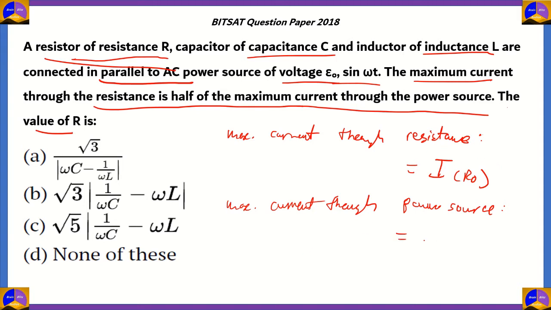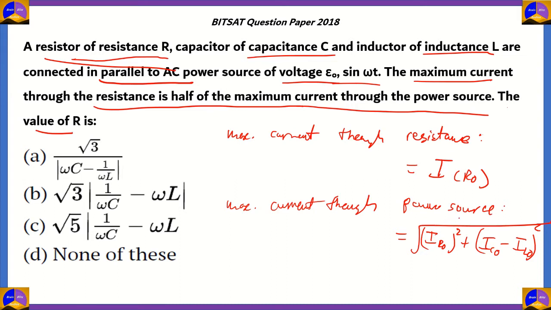So therefore that equals the square root of (I_R naught) squared plus (I_C naught minus I_L naught) squared. So this is the value of the maximum current through the power source.